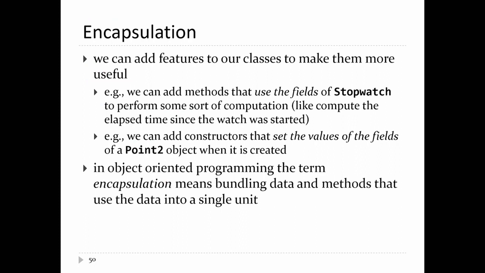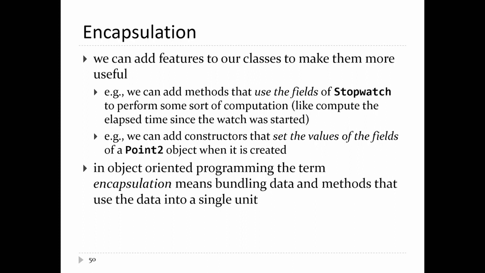Remember one of the pillars of the object model is this thing called encapsulation. So I can add features to our classes to make them more useful. So far our classes are encapsulating some fields, and that's all that they're doing right now. It would be nice if we could actually use the objects to do something. It would be nice if I could use a counter to count.